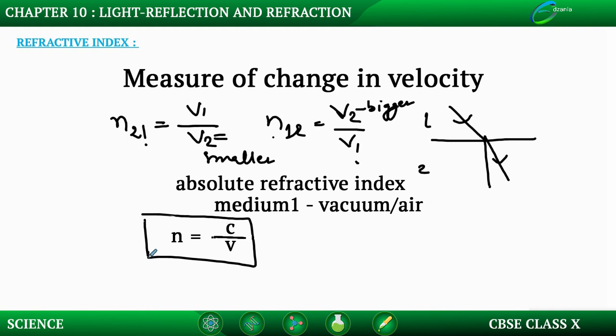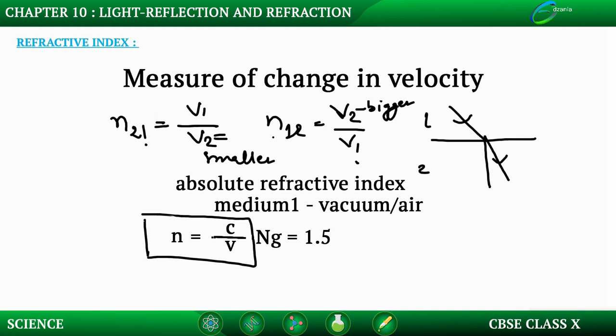Understand, for glass, if the refractive index is 1.5, what it implies is that light travels 1.5 times faster in vacuum compared to glass. Clear? A refractive index of 1.5 means velocity c is 1.5 times v.